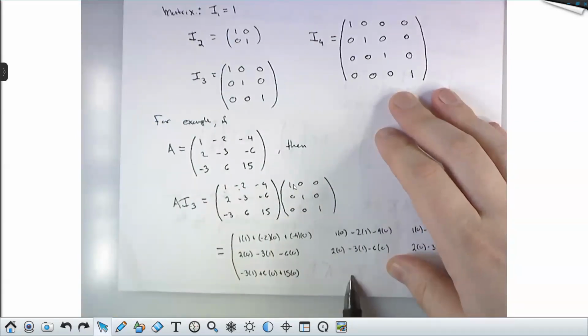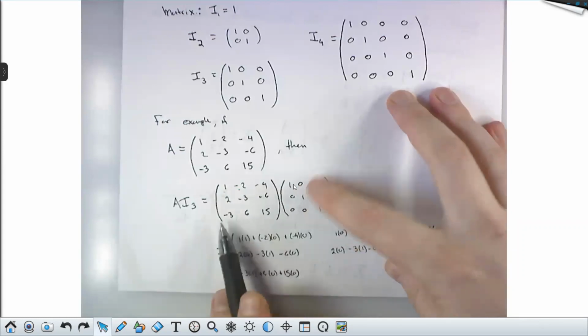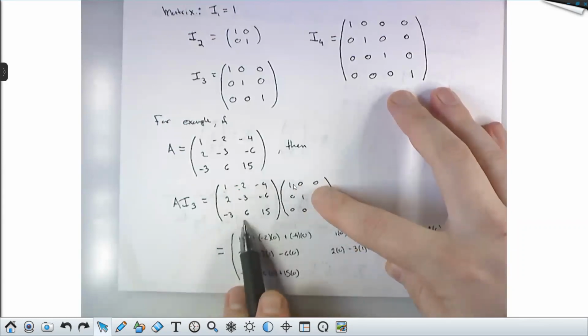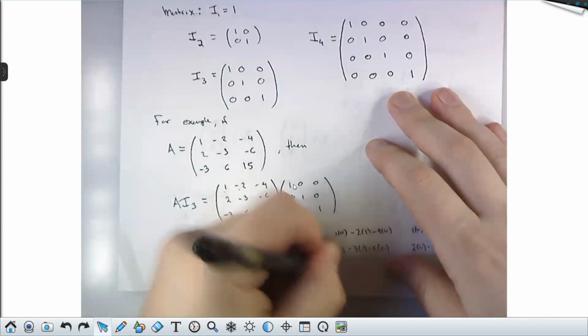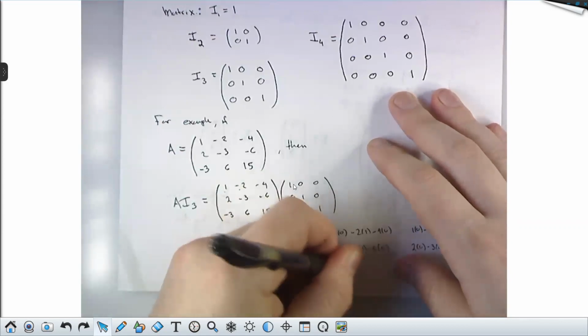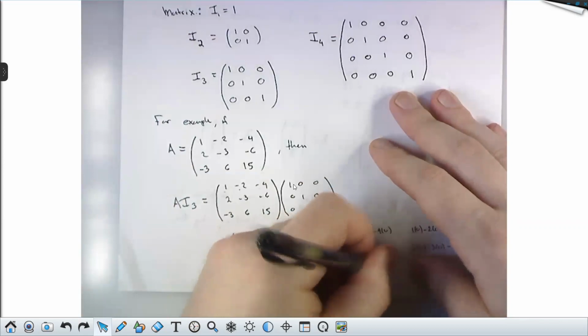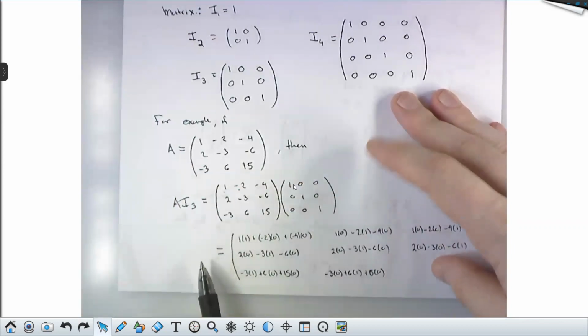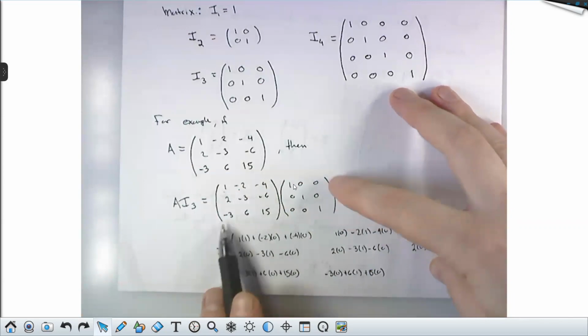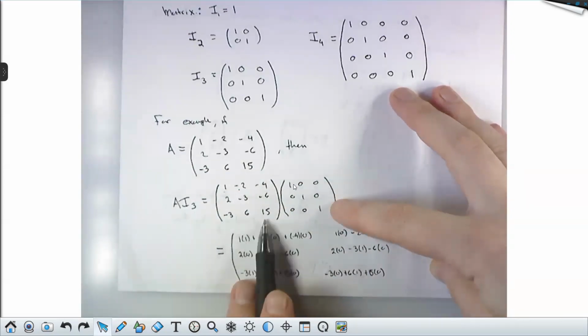In the 3, 2 position, third row, second column, that's negative 3 times 0 plus 6 times 1 plus 15 times 0. And in the 3, 3 position, I take the third row, third column, negative 3 times 0 plus 6 times 0 plus 15 times 1.